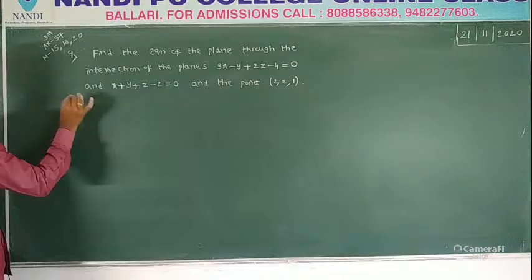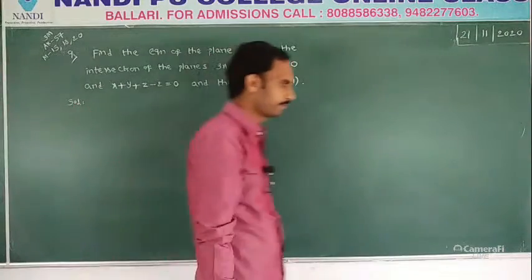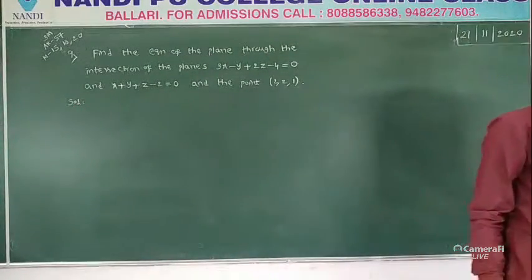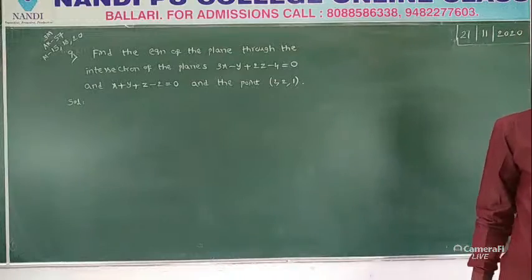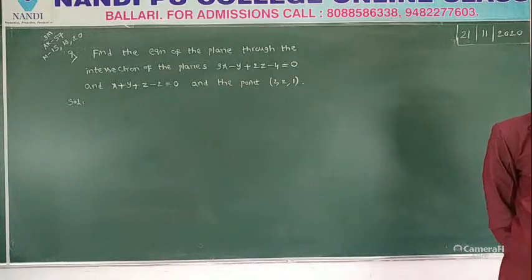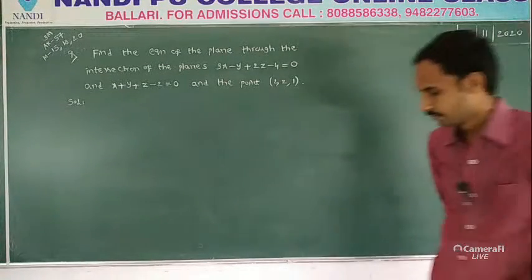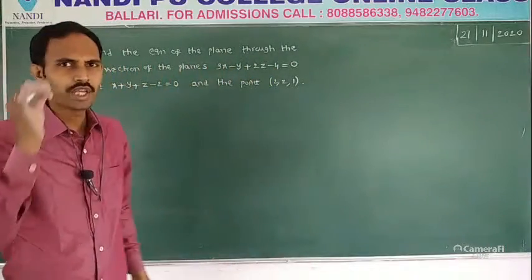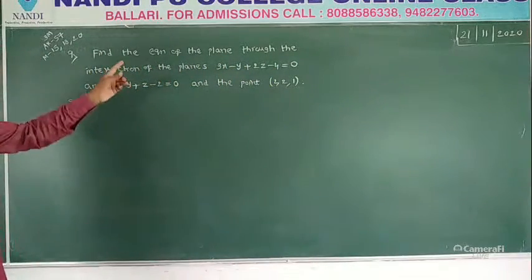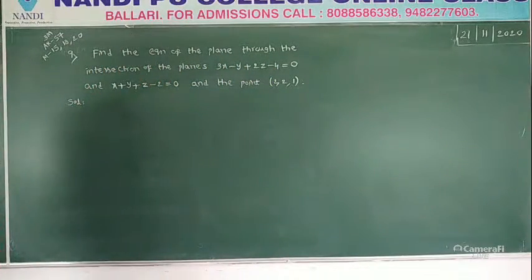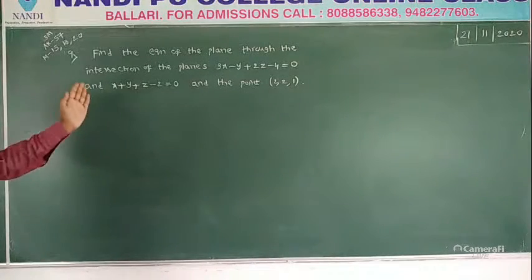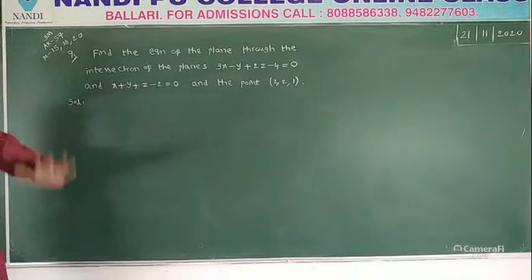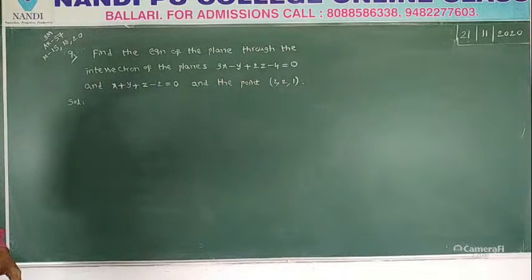Right, solution. Understand the question carefully. We are going to find the equation of the plane through the intersection of the planes 3x minus y plus 2z minus 4 equal to 0, and x plus y plus z minus 2 equal to 0, and the point (2, 2, 1).